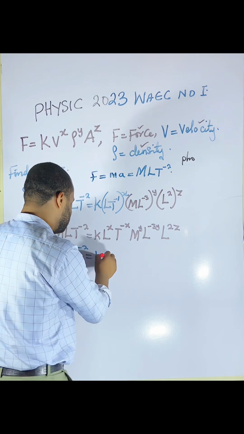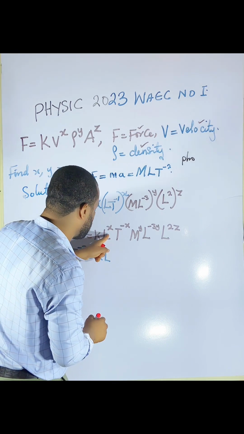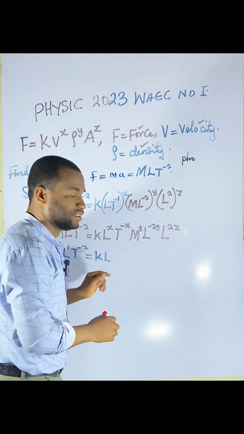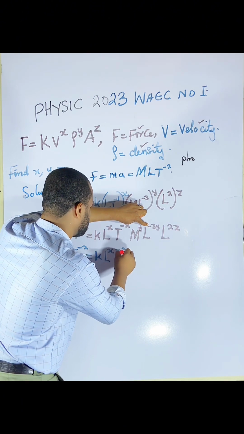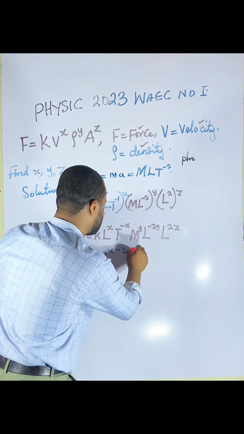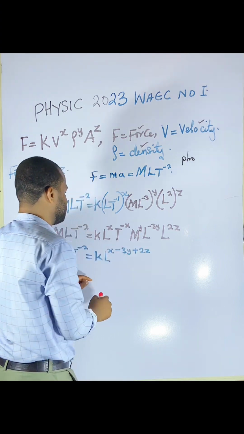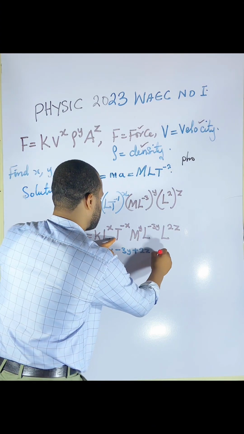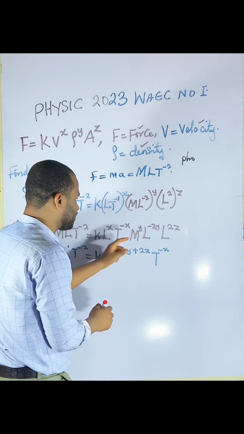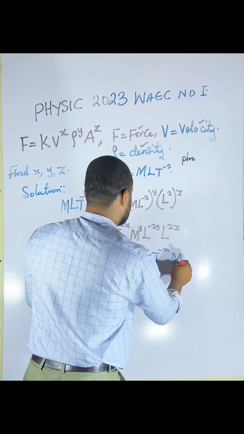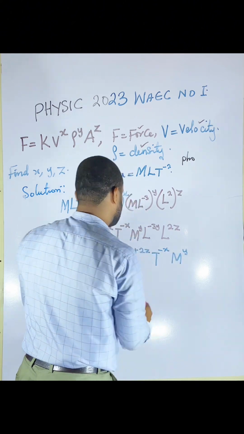Now L: all the ones that are L, their powers will be added. So I'm going to have x - 3y + 2z. Then T^-x, and M^y.